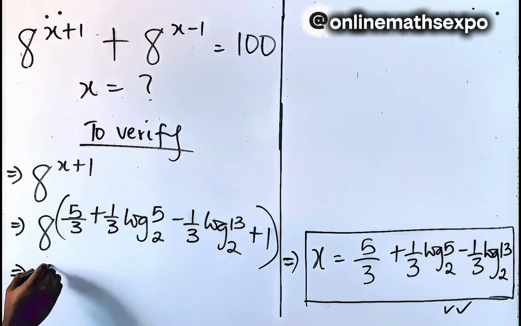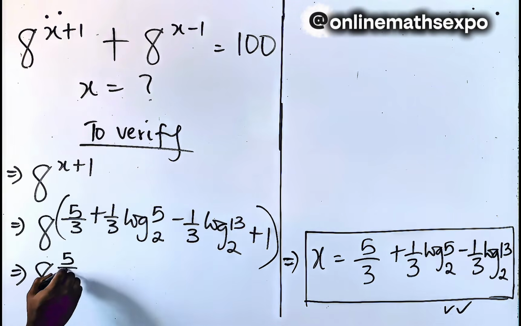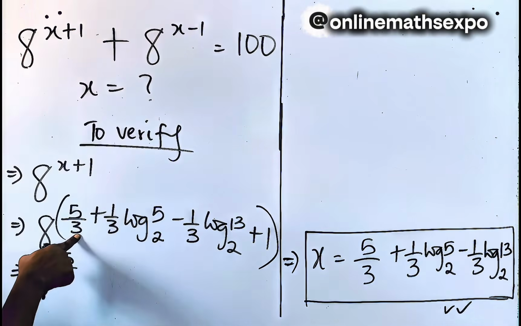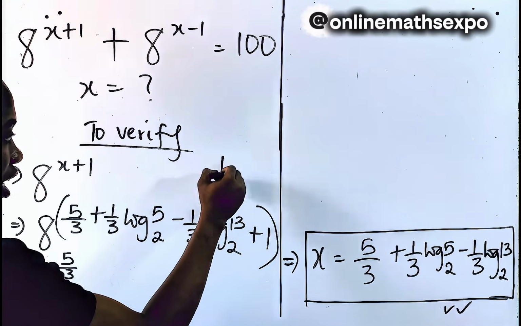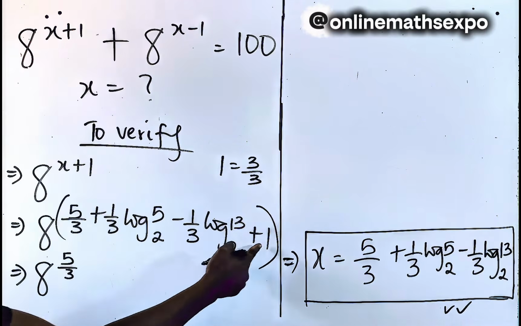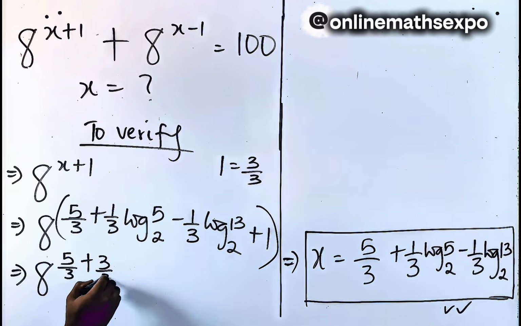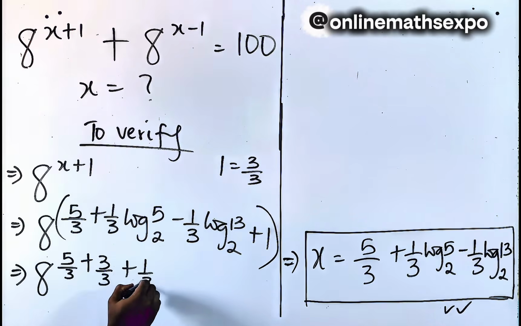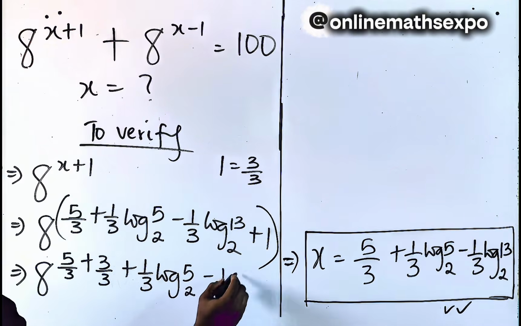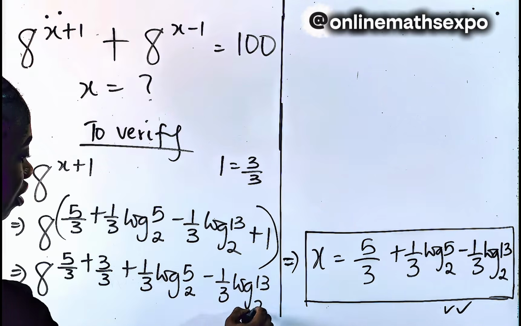So it's the same as a to the power of 5 on 3. Now remember that because we are having denominator 3, 1 is the same as 3 divided by 3 to help us to add. So this one will become 3 divided by 3, then plus 1/3 of log 5 base 2 minus 1/3 of log 13 base 2.